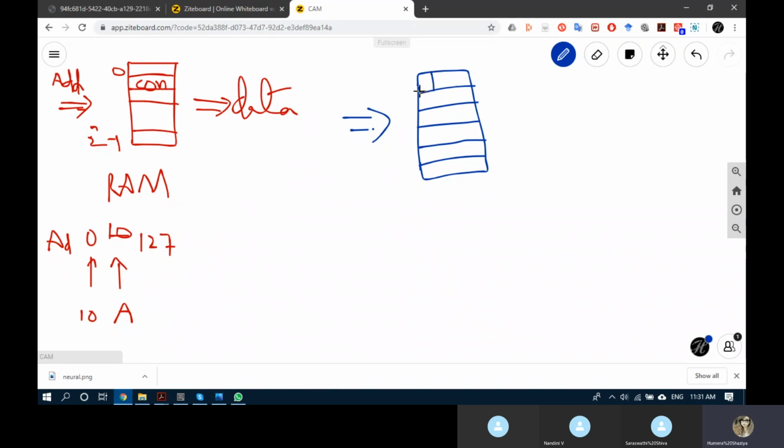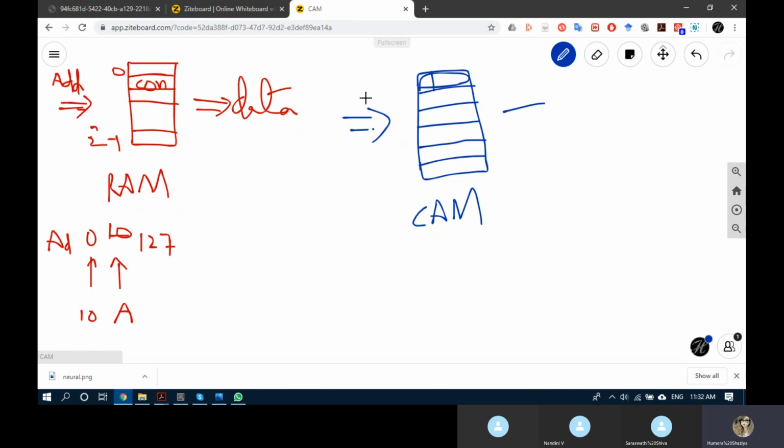Suppose this is one data element. This is RAM, this is CAM, content addressable memory.